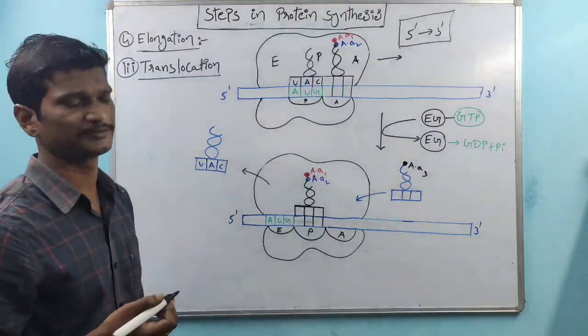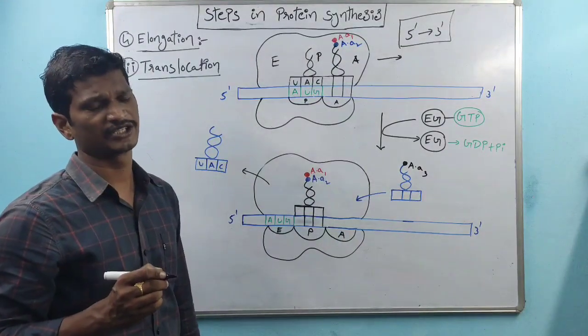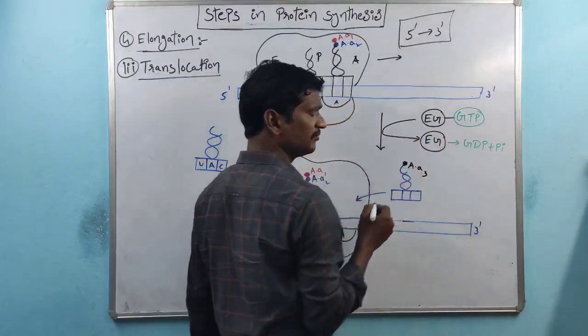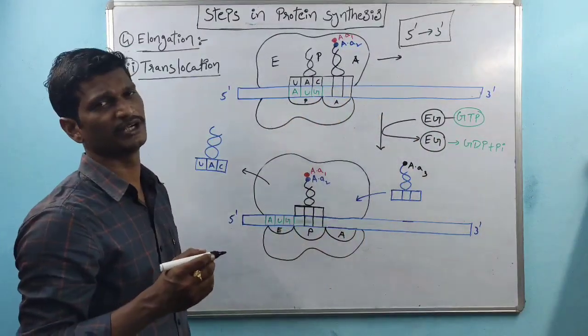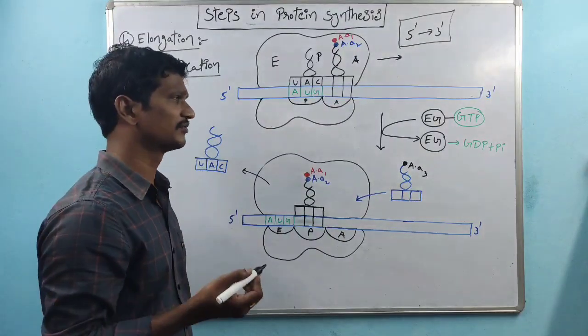Here also one of the factors is there. The factor is called elongation factor. One of the elongation factors supports the movement of ribosomes on the mRNA structure.